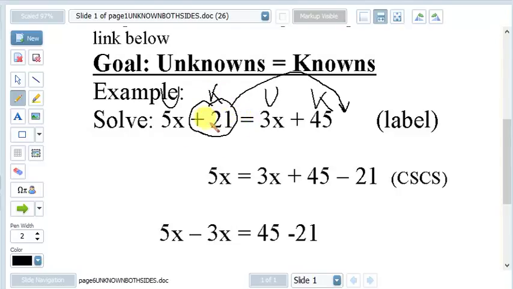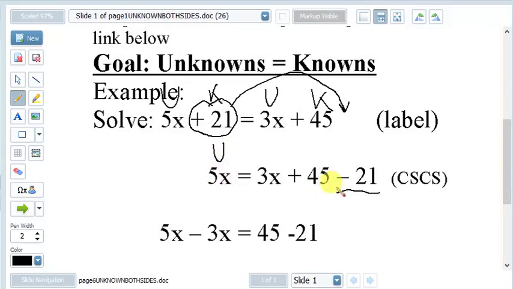So when we bring a plus 21 across to the other side of the equal sign, it becomes the opposite of plus, which is negative 21, and that's change sign.